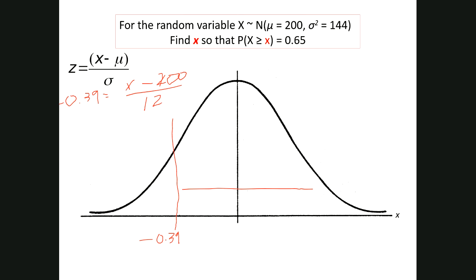Negative 0.39 times 12 equals x minus 200.